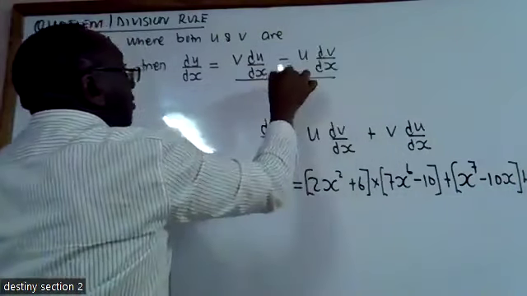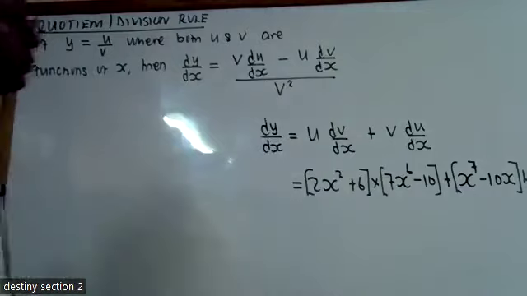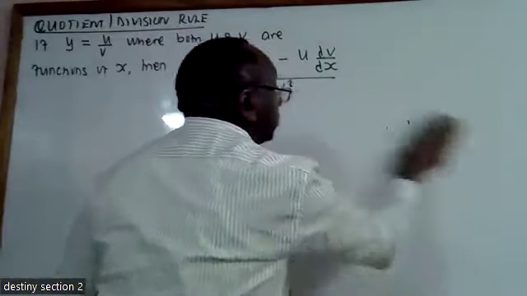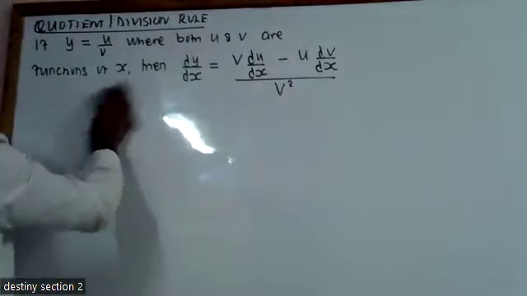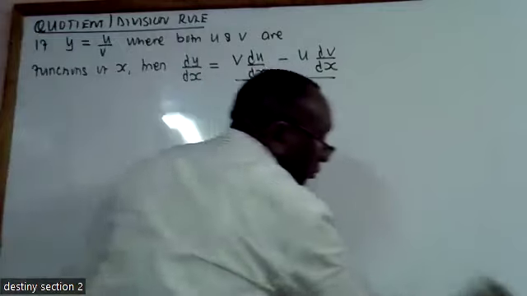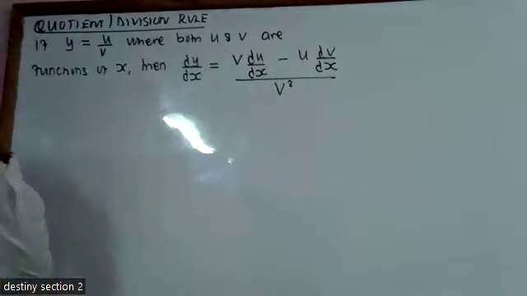All these you divide by v squared. That is the quotient rule.